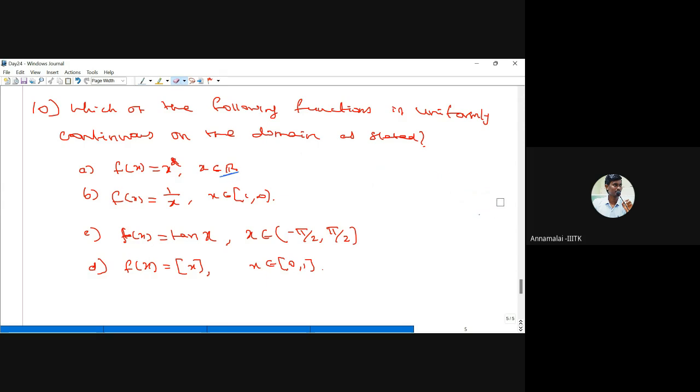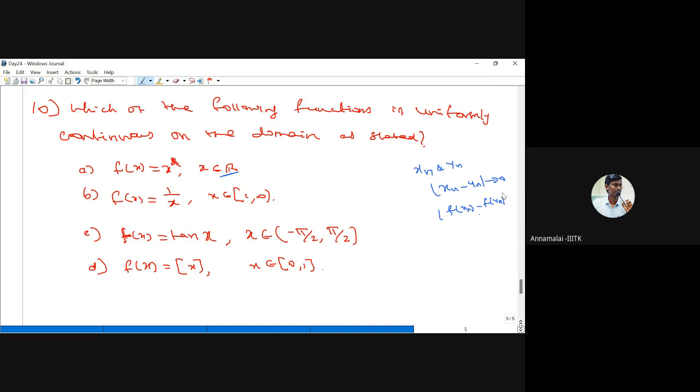Otherwise, we can prove it another way. We know a theorem: if f is uniformly continuous and you take any sequences xn and yn with xn minus yn converging to 0, then f of xn minus f of yn also converges to 0.